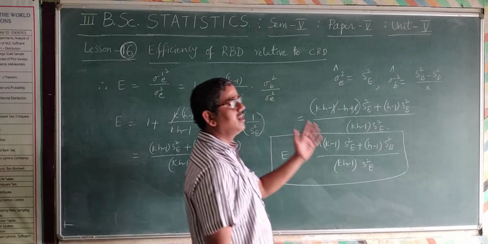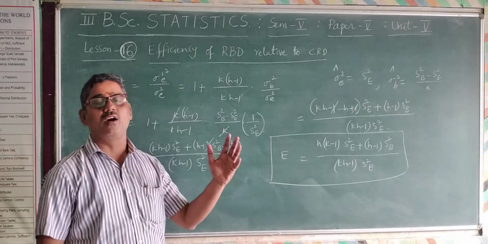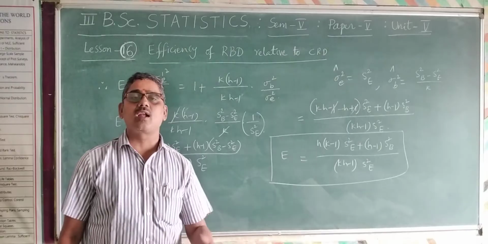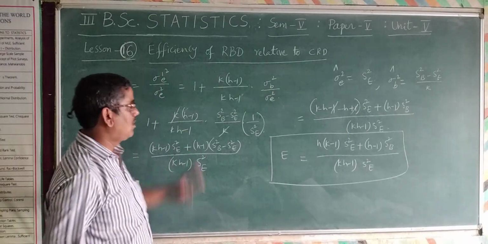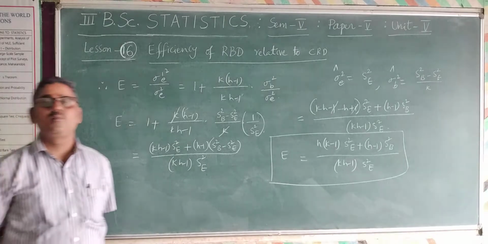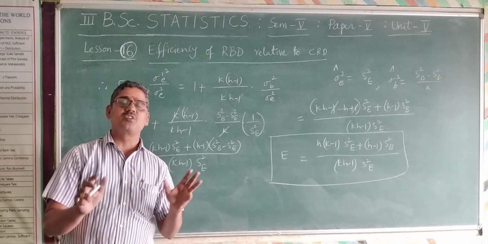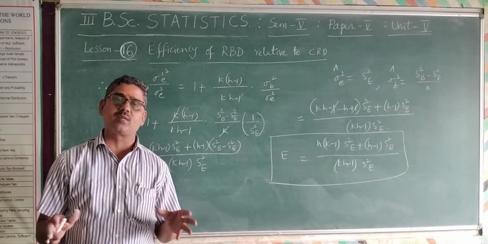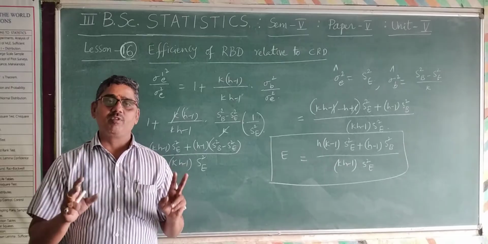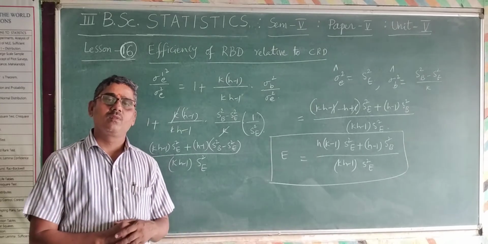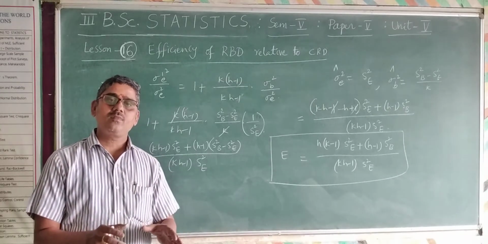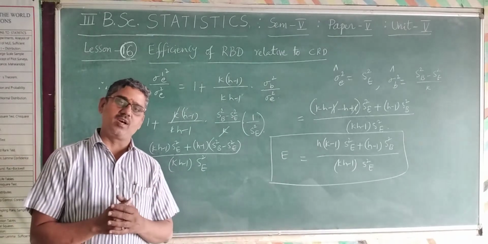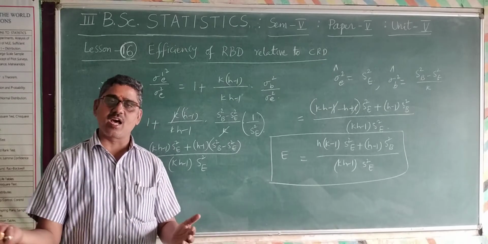This is the required efficiency result of randomized block design RBD relative to completely randomized design CRD. I hope you understand the result. We have to consider a simple table in which you require degrees of freedom and expectation of mean sum of squares. These are the two particular columns we mainly require. Then we multiply degrees of freedom and expectation of mean sum of squares in RBD and CRD and equate it.